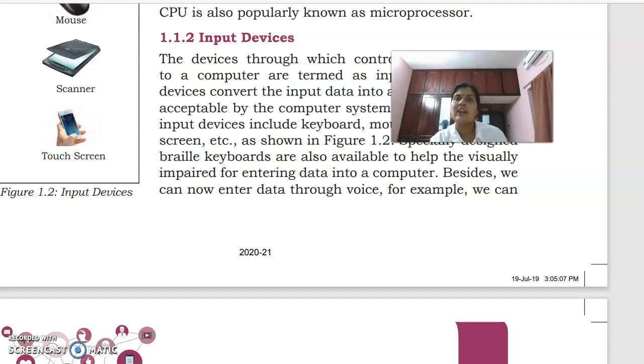For example, suppose we want to find the sum of two numbers, 10 and 20. Then 10 and 20 are known as inputs. By using our keyboard, we are supplying these values 10 and 20. So the keyboard is an input device.